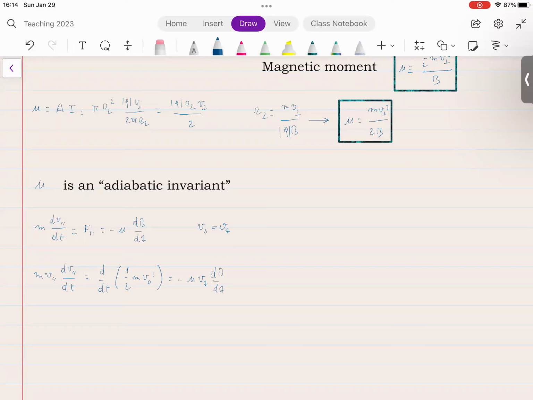And since Vz is dz dt, I can write this as minus mu dB dt.